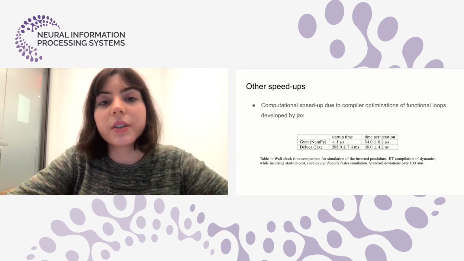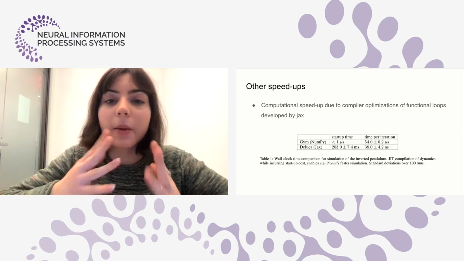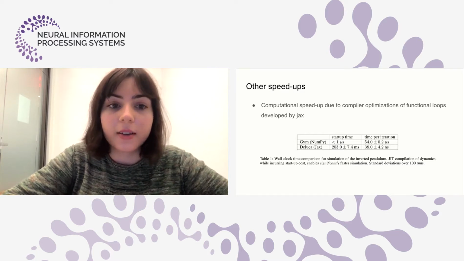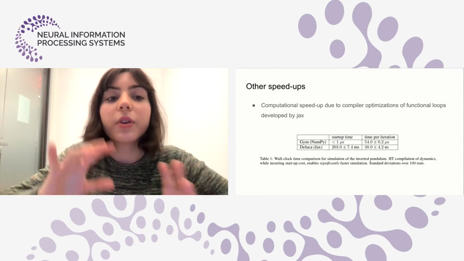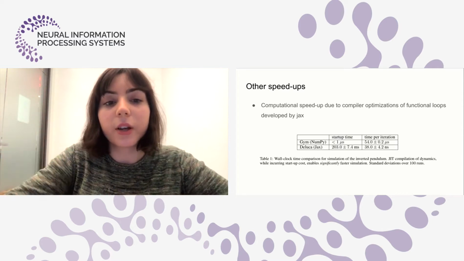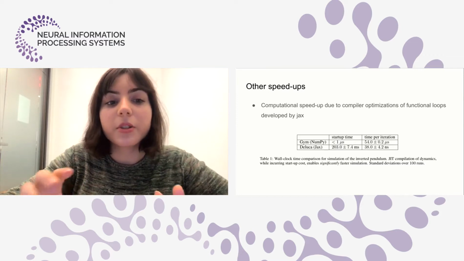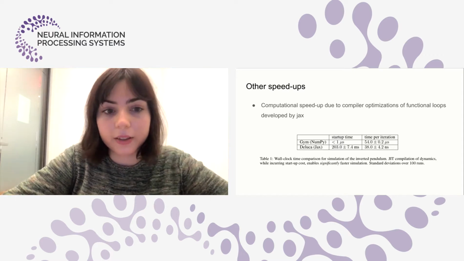In addition to these more theoretical speedups or sample complexity type speedups, we also enjoy purely computational performance gains. In this table right here, we compare the wall clock running time of the OpenAI Gym pendulum task with its replica in our library DELUCA. We timed both initial startup times and simulations with over a million time steps with input set to 0 so as to isolate confounding control factors.